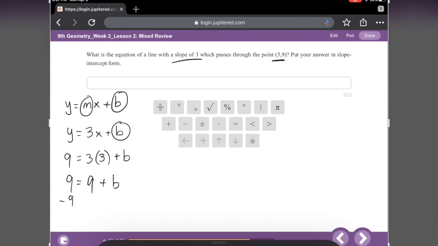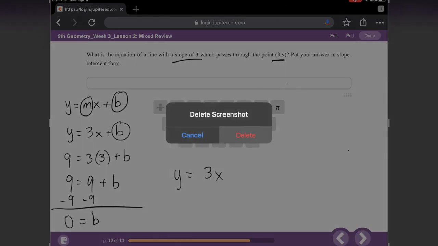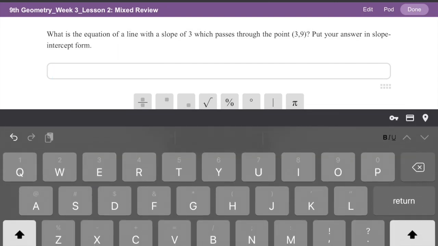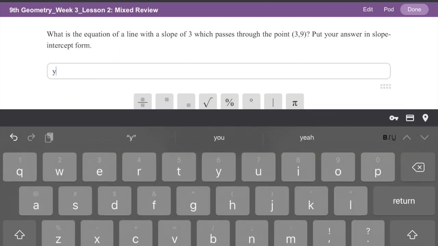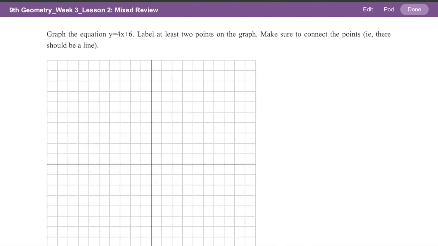Because if I take away 9 from both sides, I have that b is equal to 0. Okay, so what's the final equation? It's going to be y equals 3x plus 0, but we can just write y equals 3x. Okay, and that one was correct.